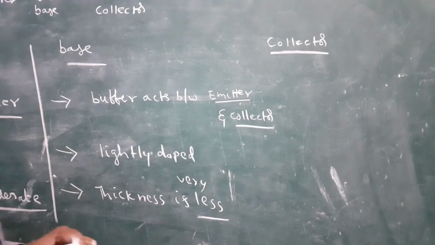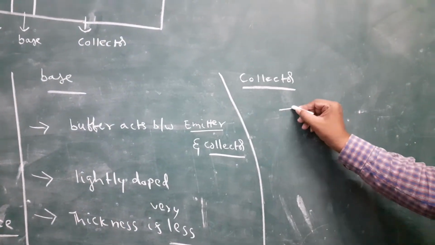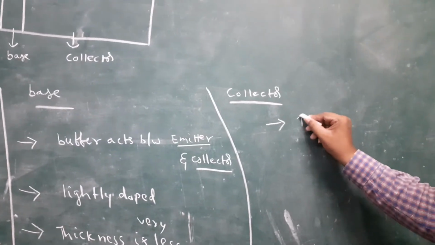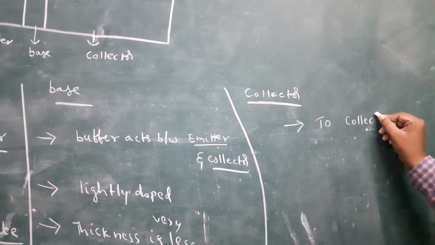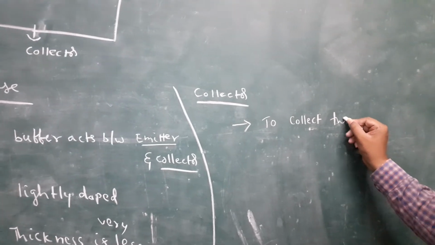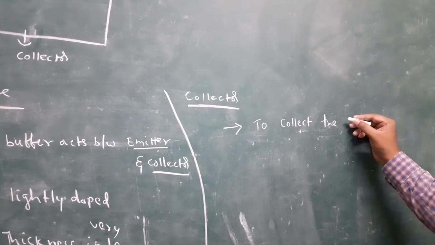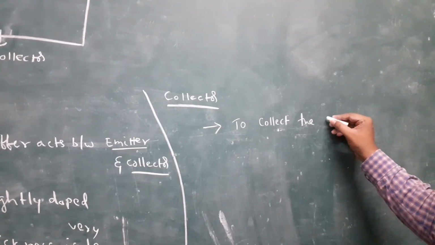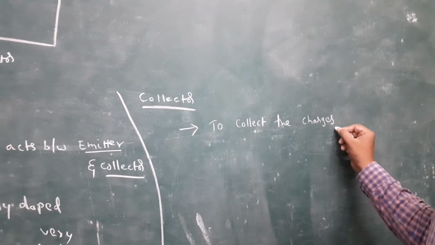Next I discuss the collector. Collector means to collect the charge carriers. Emitter means to emit the charge carriers. What is the functioning of the collector? To collect all the charges in the circuit.